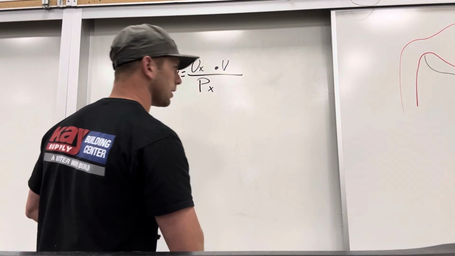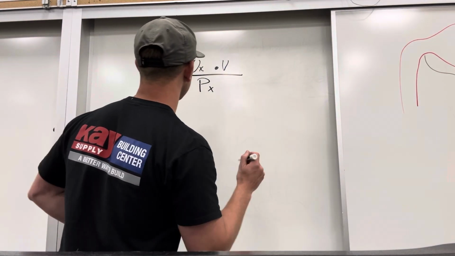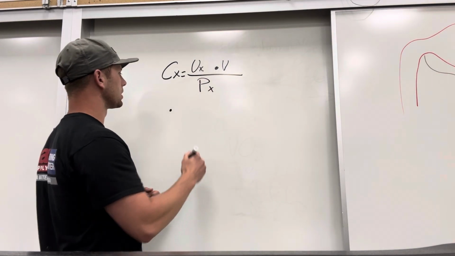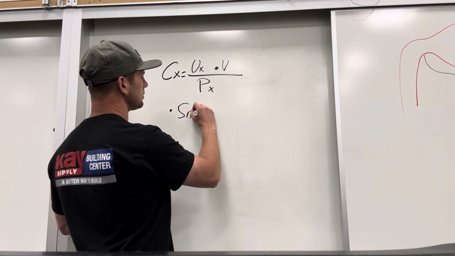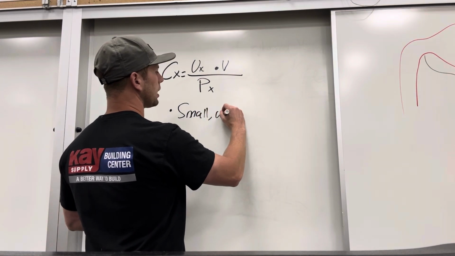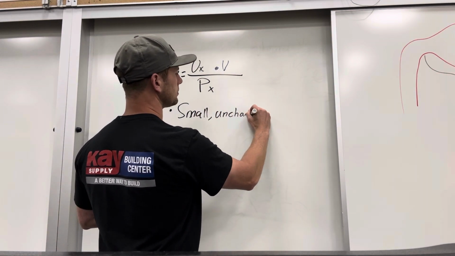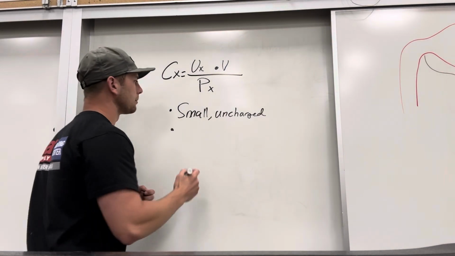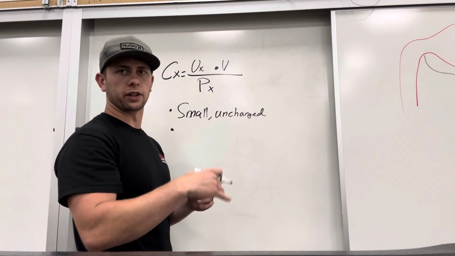Some criteria though, for our substance to be able to match GFR normally, in normal conditions, it has to be small and uncharged, so that way it can filter freely.